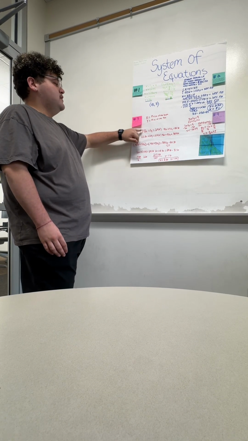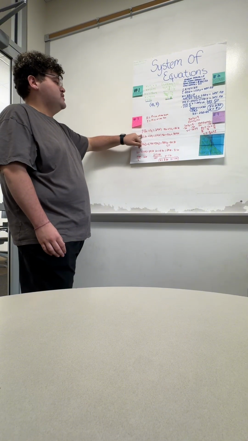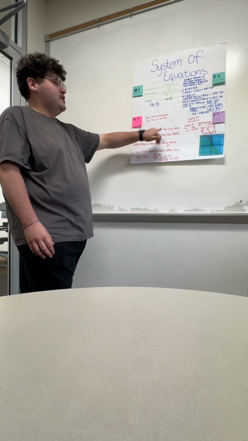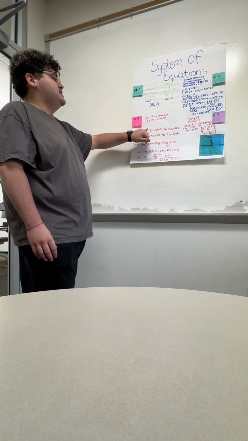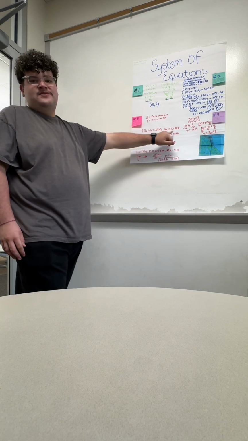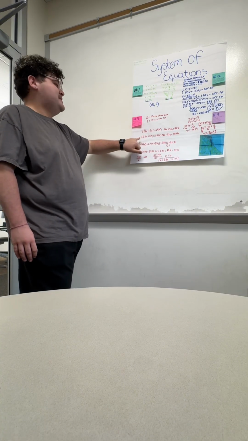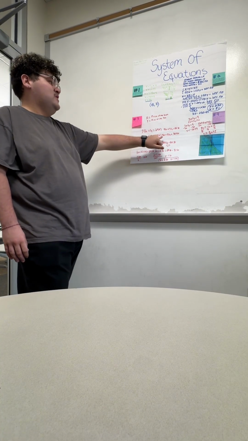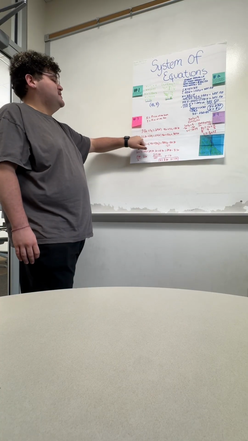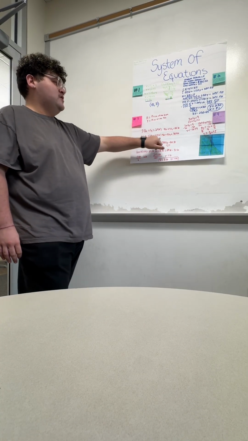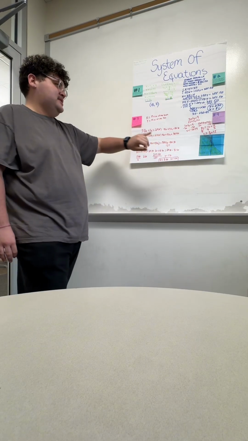And then we're gonna multiply by 7. We're gonna multiply 7 times 6, which equals 42x. 7 times 5, which equals 35y. And then 7 times $24.10, which gives us $168.70. We do the same thing to the second line, but we multiply by 6. So we do 6 times 7, which gives us 42x. 6 by 27, which gives us 162y, and then 6 times $64.10, which is $384.60.